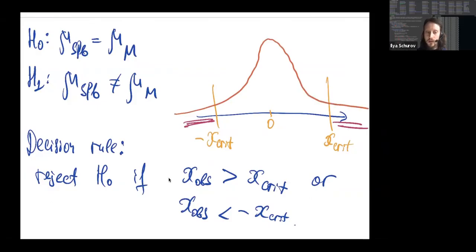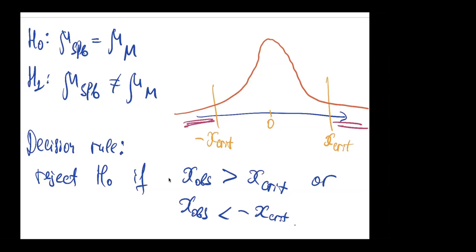And now that's an interesting question. How should you choose x critical now? So the 5% rule would not work here?